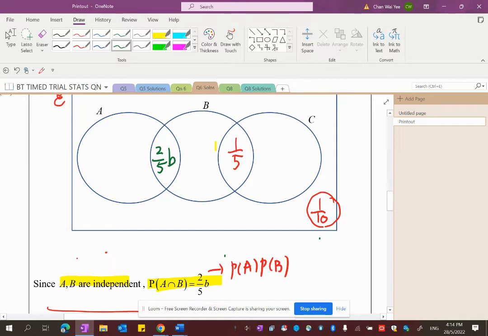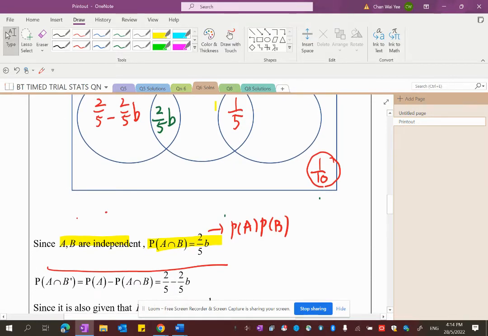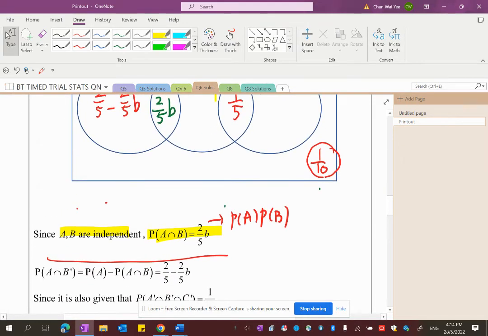Because we know that P(A) is 2/5, the remaining portion here is 2/5 minus 2/5 P(B). Then what about B? If we look at the question, the probability of B intersecting C is 1/5.